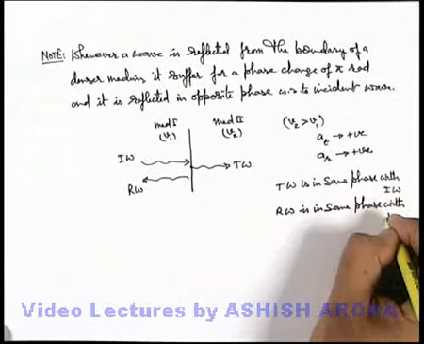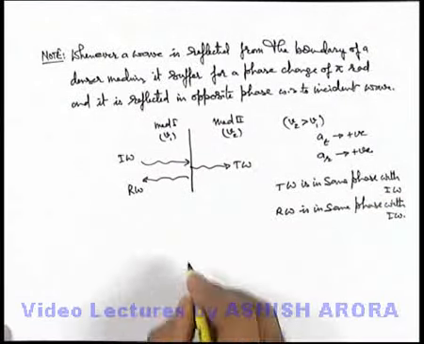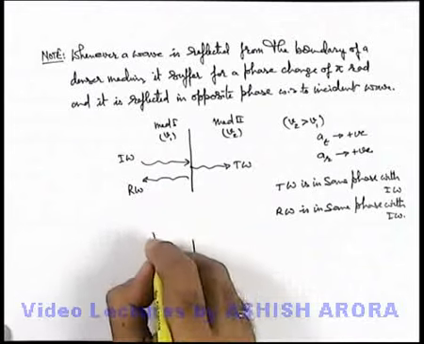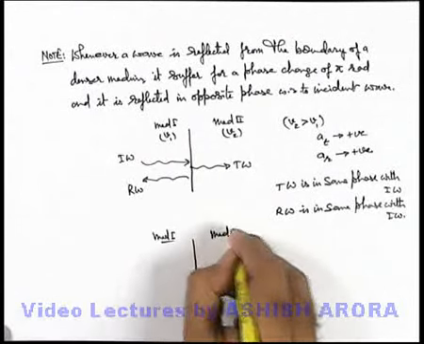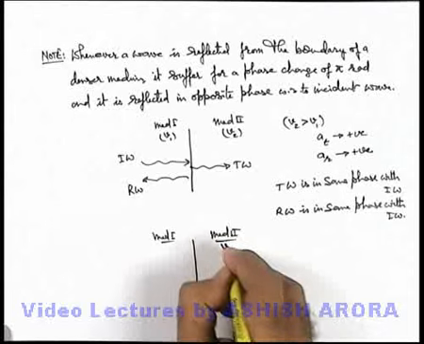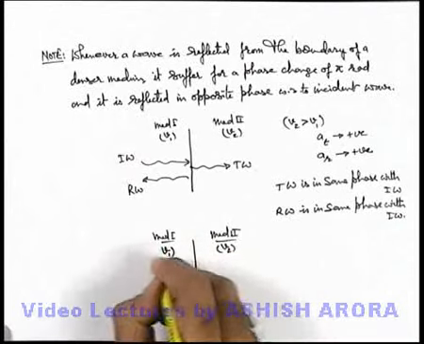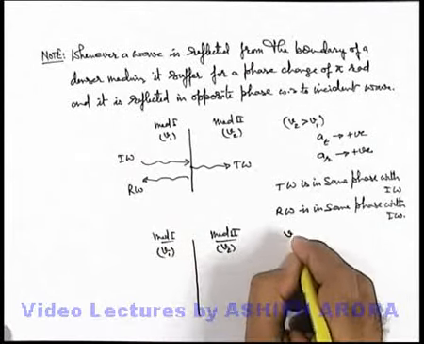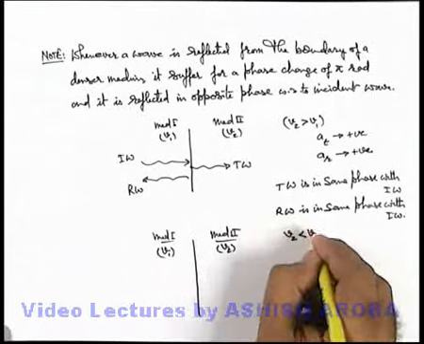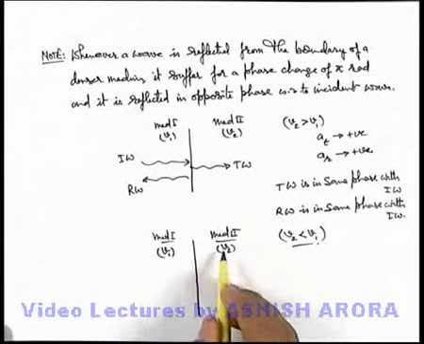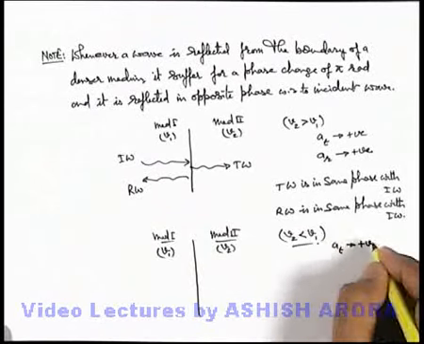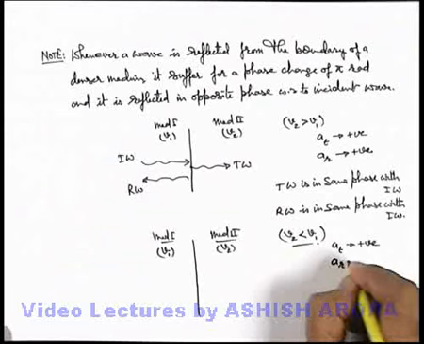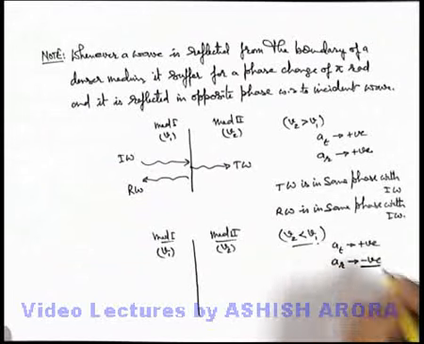But if the situation is different, like this is medium 1 with wave speed v1 and this is medium 2 with wave speed v2, and we are given v2 less than v1, this is the situation when medium 2 is denser. Obviously the transmission coefficient is positive, which is always the case, but here the reflection coefficient will be negative.